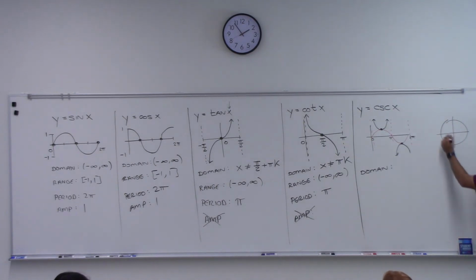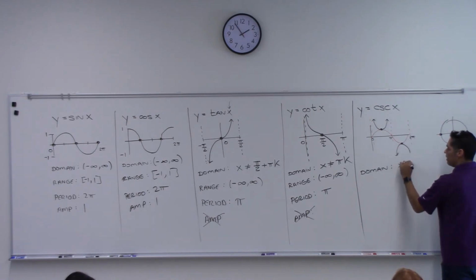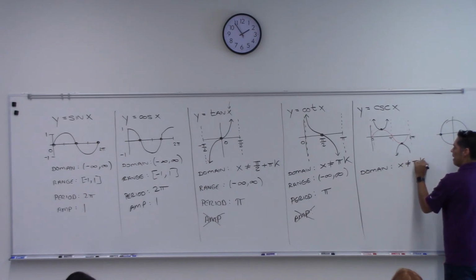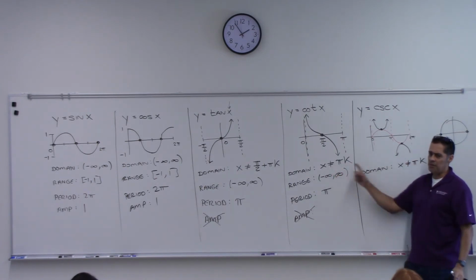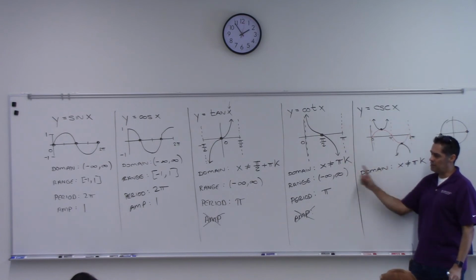Sine is 0 where? Here and here, right? What are those? Pi k. We just did that in the previous one. So wouldn't the domain be everything except those points? So the domain here would be x is everything except pi k again. So these are very similar domains, aren't they? They're different pictures, but they're similar domains.